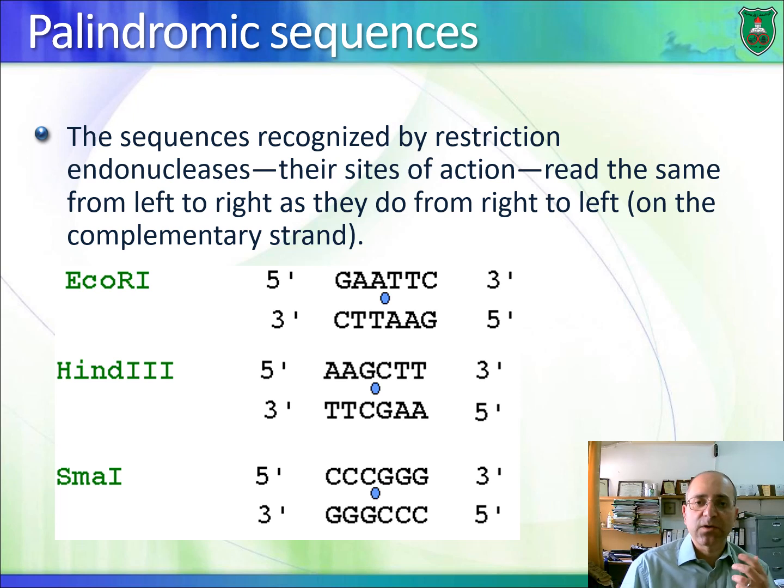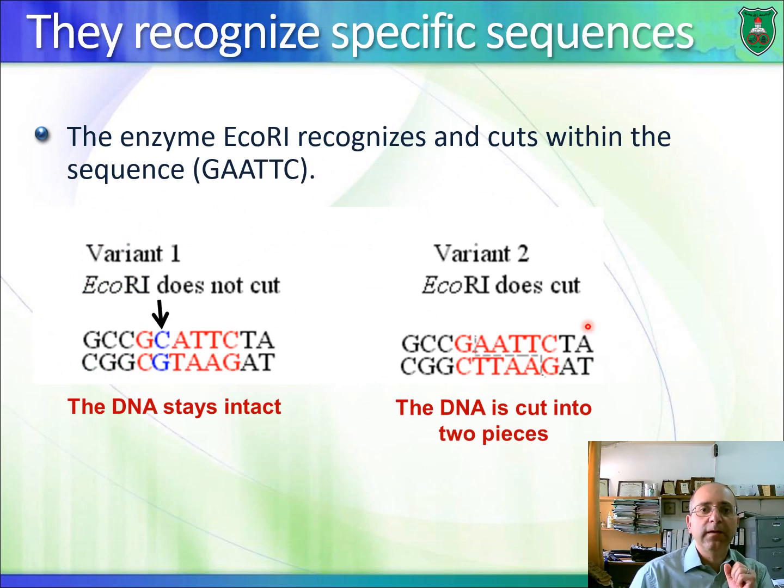So these are known as palindromic sequences. Restriction endonucleases in general recognize restriction sites composed of palindromic sequences. They recognize these restriction sites, and they cleave within them.